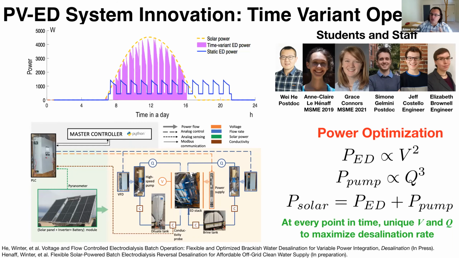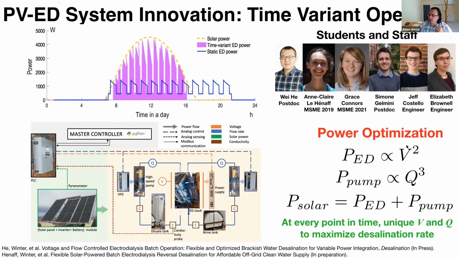What we're doing is really taking advantage of the behavior of ED in that it has two primary independent variables that we can manipulate to change our overall power consumption. The power consumption of the ED stack itself is proportional to the voltage applied squared, and the pumping power is proportional to the flow rate cubed.